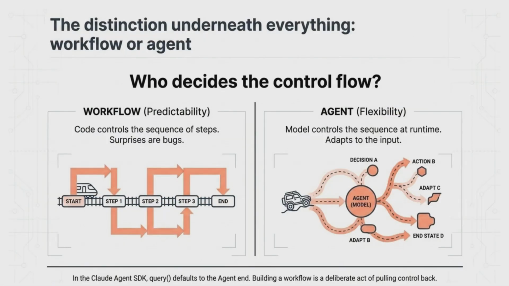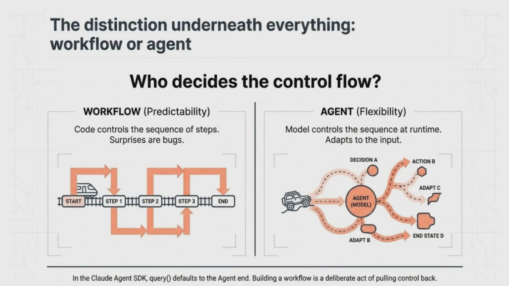The distinction underneath everything: workflow or agent. Anthropic draws one architectural line that organizes all the patterns. Workflows are systems where LLMs and tools are orchestrated through predefined code paths. Agents are systems where LLMs dynamically direct their own processes and tool usage, maintaining control over how they accomplish tasks.